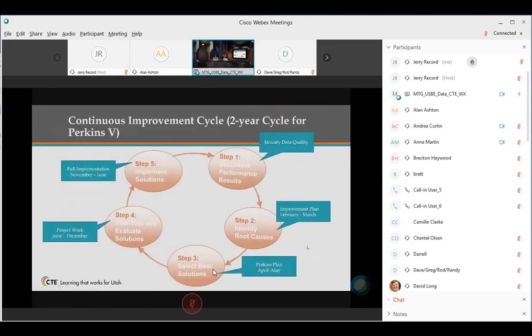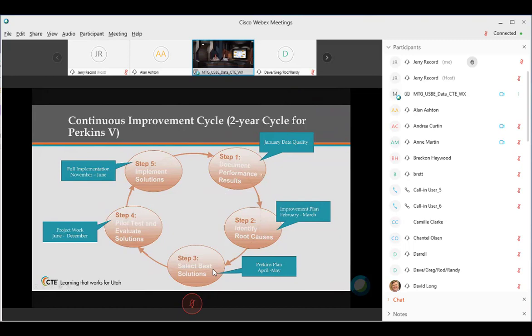Okay, we have the same continuous improvement cycle as we did in Perkins 4, only in Perkins 5 it's going to be a 2-year cycle. So Wendy and I were talking a couple weeks ago, and we said it'd probably look more like a slinky or something, or a figure 8 if we're doing a 2-year cycle. But the steps are going to be similar or the same.